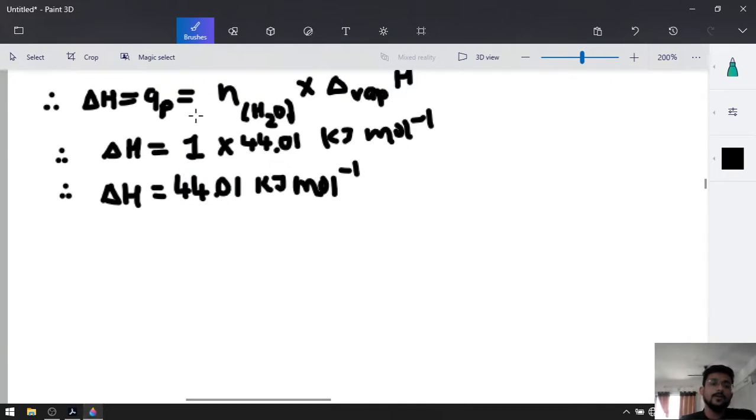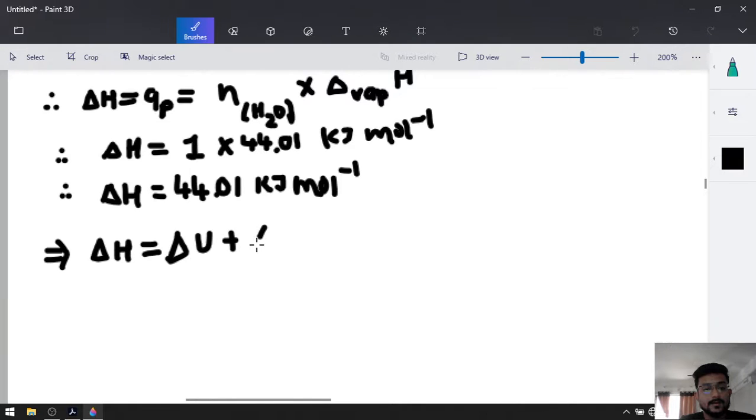So, we have the formula relating delta H and delta U, right? So for our next answer, delta H is equal to delta U plus delta Ng RT.